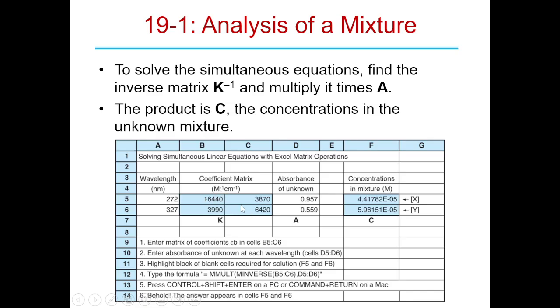Again, that's this area right here, right? Comma, D5:D6, which are these ones right here. This is going to essentially solve for two variables from those results. Okay?